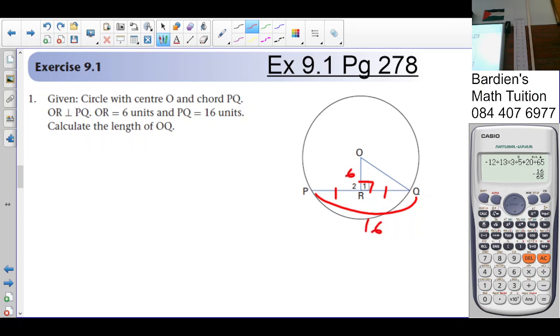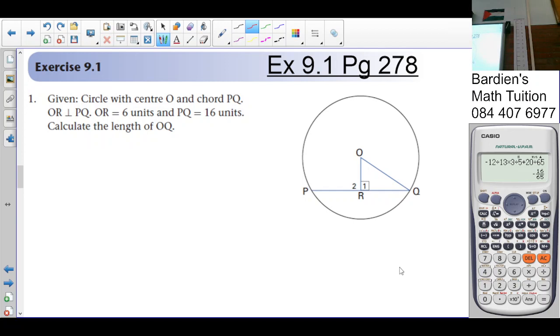So if PQ is 16, then RQ is 8. With that, I will be able to apply Pythagoras. The question says calculate OQ. Remember, whatever is not on the diagram must be stated. You all okay with that?